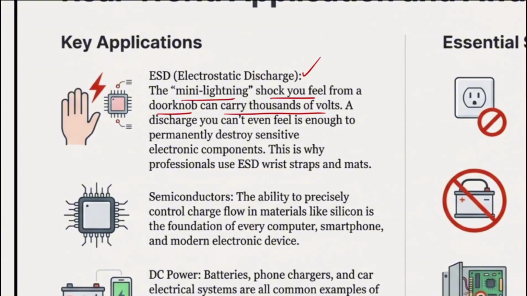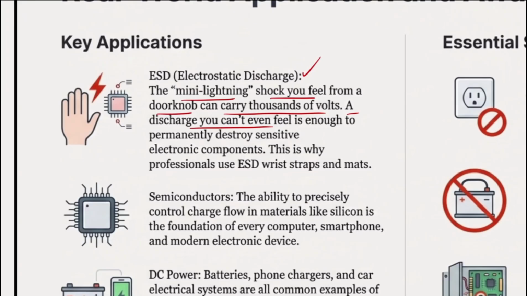Sometimes it's so annoying, especially when you're trying to open the knob and you have a jacket on, and because of all those charges, when you connect your hand to the doorknob, so many electrons are discharged in a very, very short amount of time. It could be thousands of volts, and this is not that dangerous to you, but it's a discharge you can even feel.